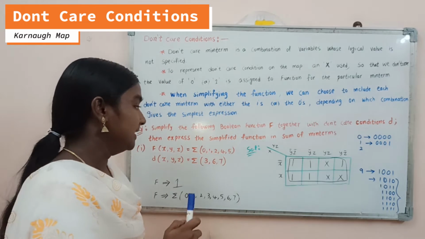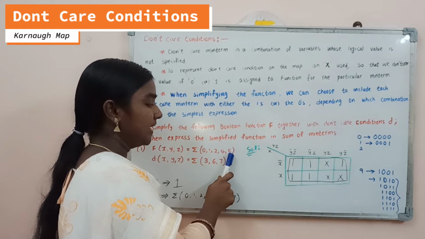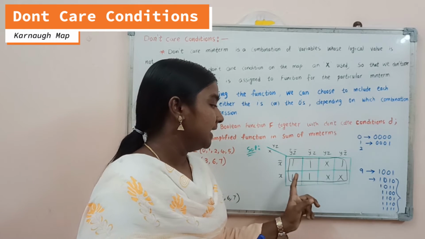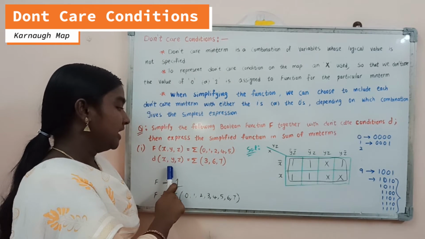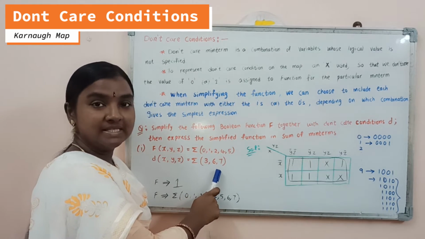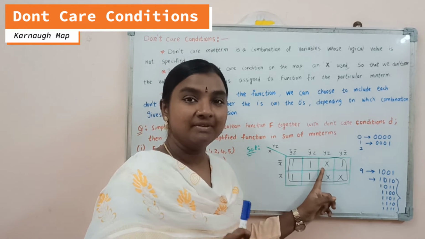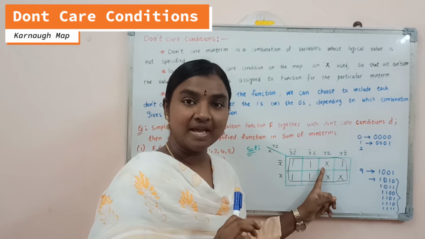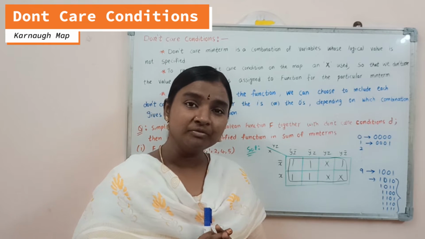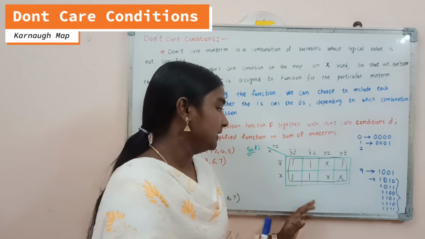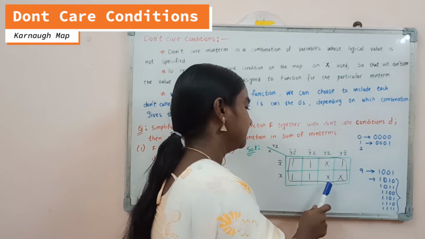For all the minterms present in this function, like 0, 1, 2, 4, 5, we assign ones in those respective places, and for the don't care minterms, like 3, 6, 7, we assign don't cares with a cross mark X in those respective places, like this.